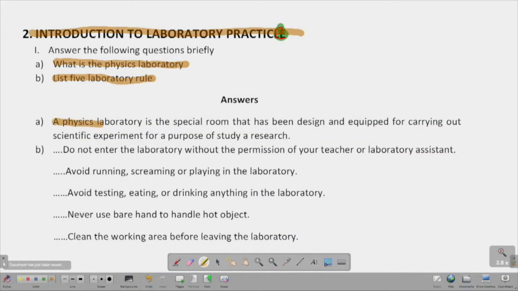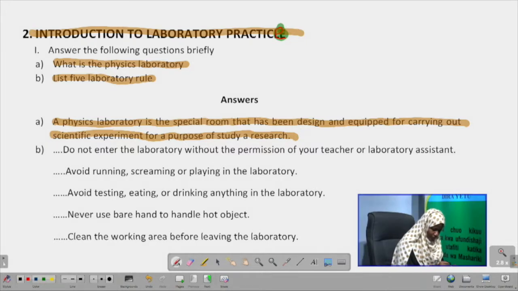Okay, here we see that a physics laboratory is a special room that has been designed and equipped for carrying out scientific experiments for a purpose of study or research. Great. Here we have some words that we need to consider. The first one is that it is a special room that has been designed.